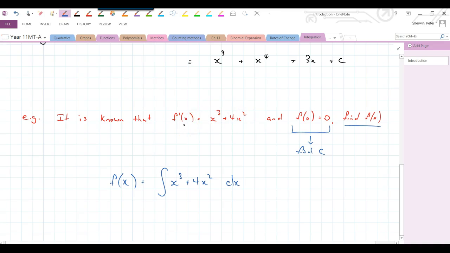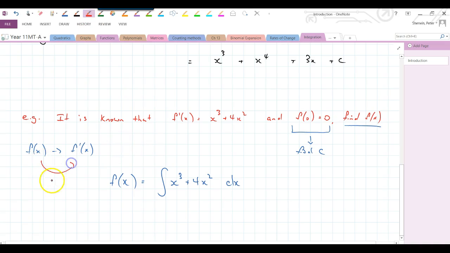You understand? We go from f of x to f dash x. That's differentiation. But to go the other way, f dash x back to f of x, I should just use arrows.